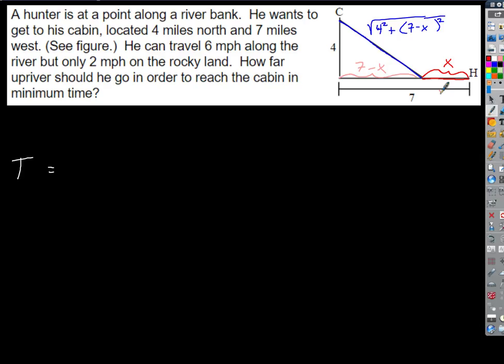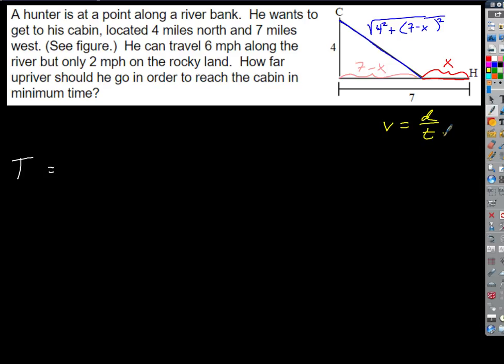How are speed, distance and time related in general? Speed or velocity equals distance over time. Does that make sense?